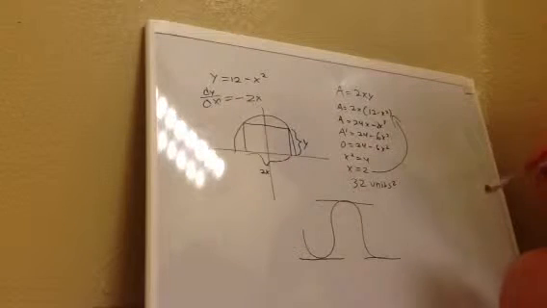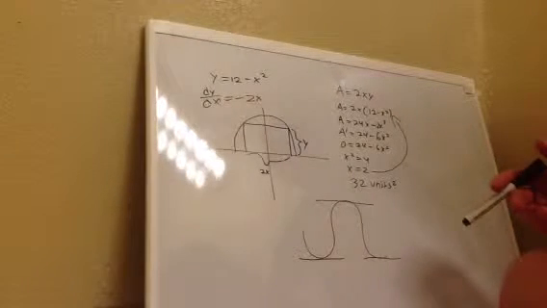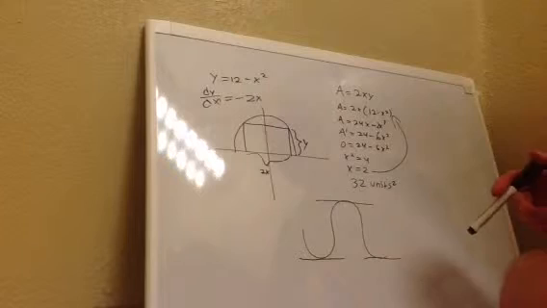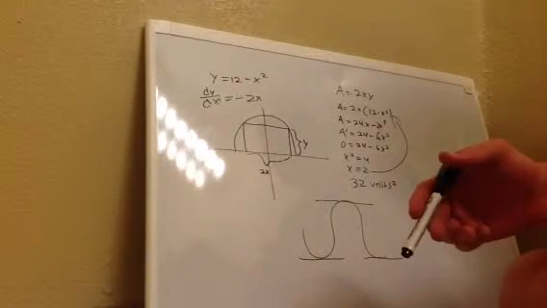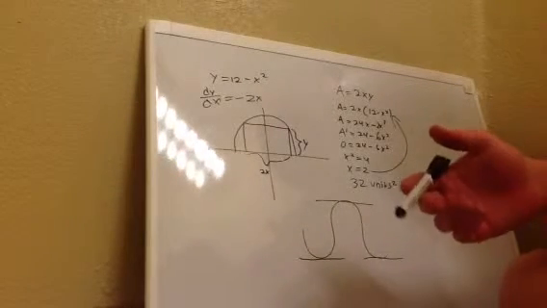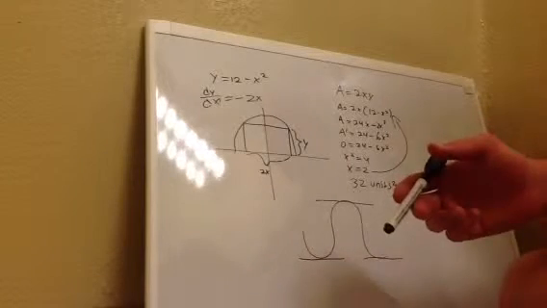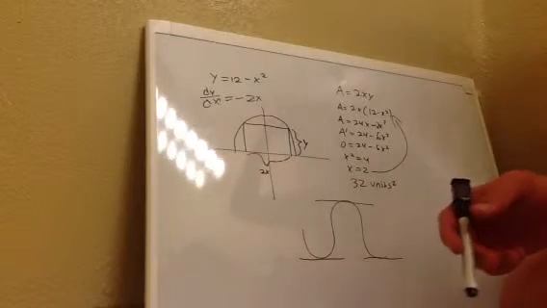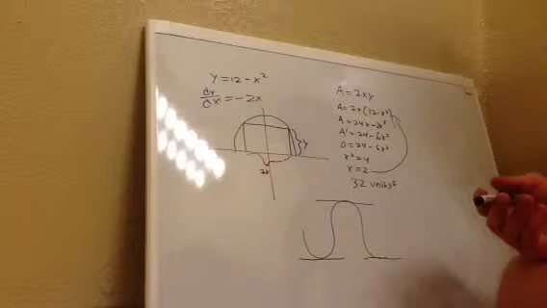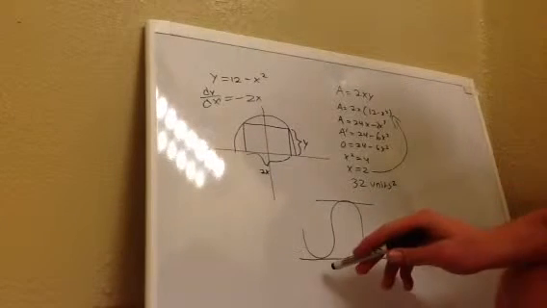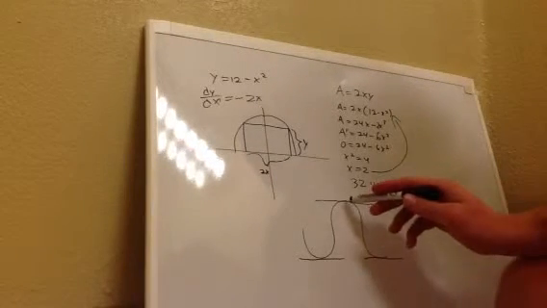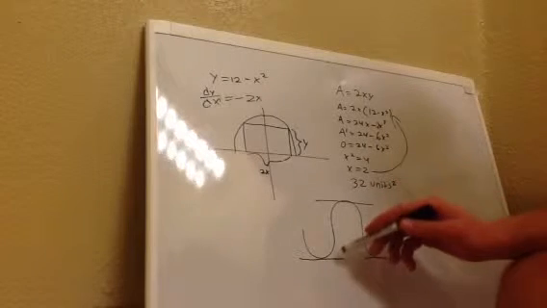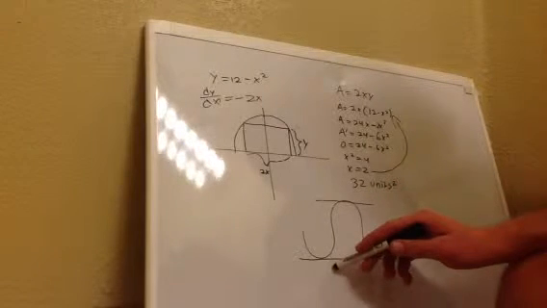So now the way you find the maximum area is you're going to derive whatever curve you have, and then set the derivative equal to 0. And the reason you do that is because when the derivative equals 0, that automatically means that you're at a high or a low, right?